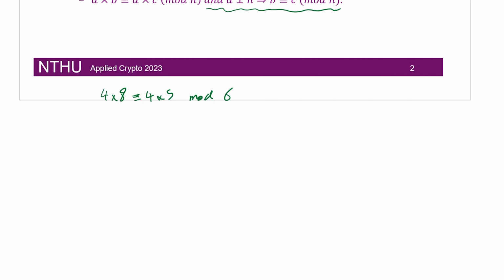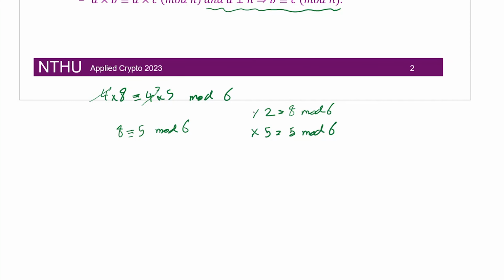If you check both sides, you will find that this is the case. So if you just blindly cancel these two, what you get is 8 is congruent to 5 mod 6. But is it the case? 8 mod 6, the remainder is 2, and 5 mod 6, the remainder is just 5, right?